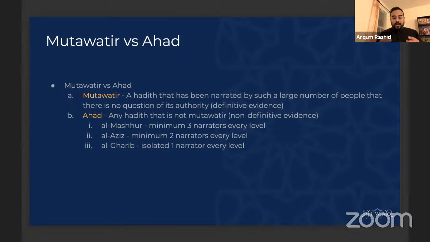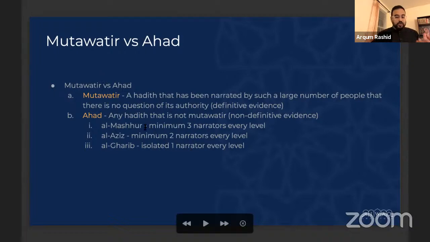So not all hadith are on the same level in terms of chains as the Quran, number one, and as other hadith, right? So this is just a very basic understanding of the division between mutawatir and ahad, or khabr ahad, also known as khabr wahid. These are all words for ahad. And as we said, ahad has multiple variations of what the possibilities are for an ahad narration.